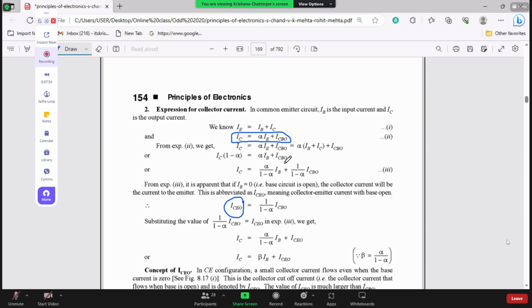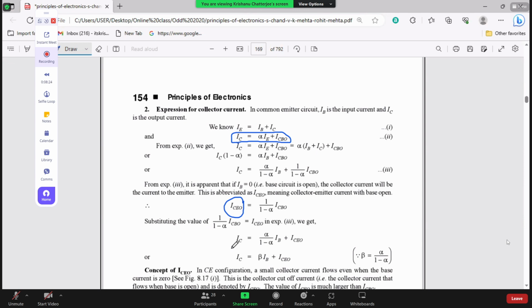If you put IB equals to 0, then your IC equals this much, and that IC is nothing but ICEO. Okay, clear? So what is the expression? IC equals alpha by 1 minus alpha times IB plus ICEO. Again, alpha by 1 minus alpha is beta.